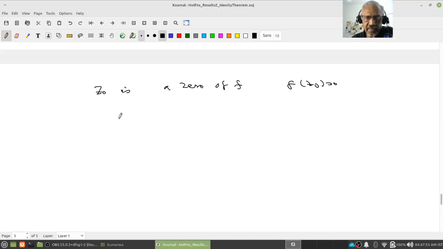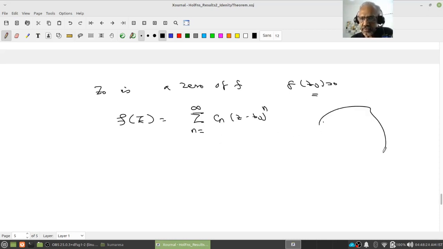Therefore, in a neighborhood of z0, let me write f of z as a power series, sum of Cn (z minus z0) to the power n. So this is B_R, and we have seen any power series function is analytic.